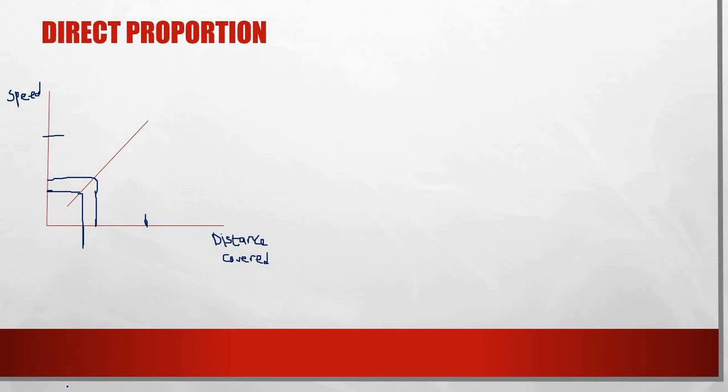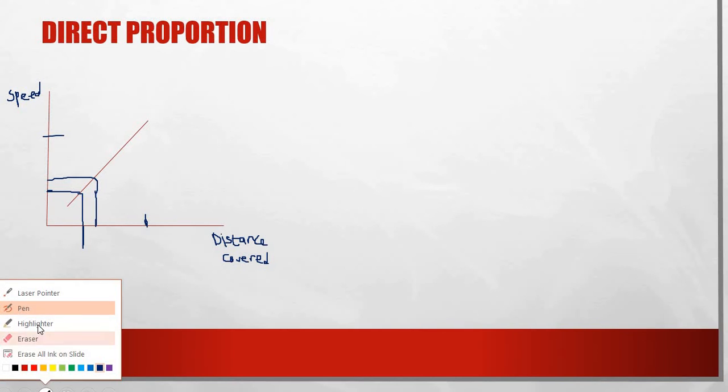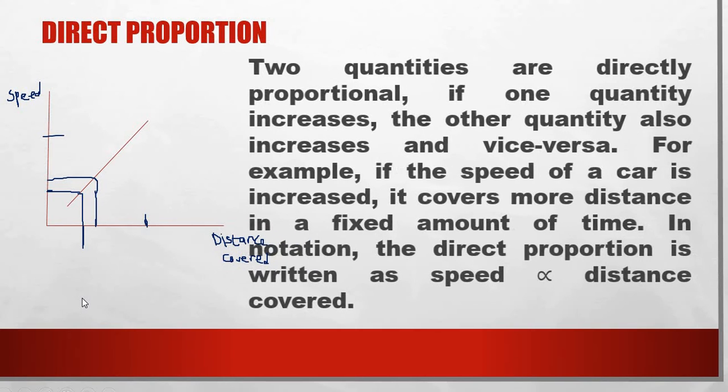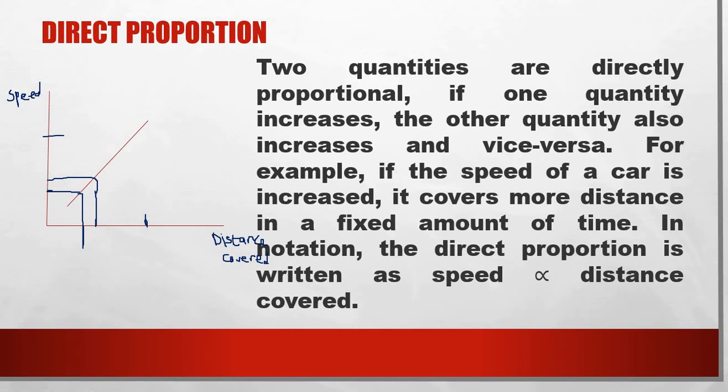So let's go to the details. For direct proportion, two quantities are directly proportional if one increases and the other quantity also increases, or vice versa, if one decreases and the other quantity also decreases.